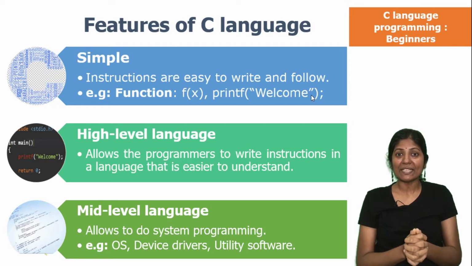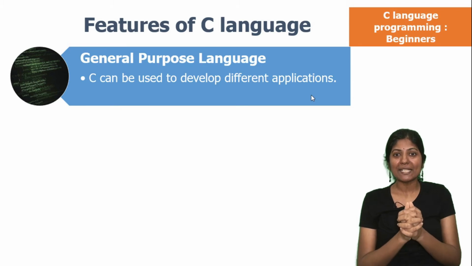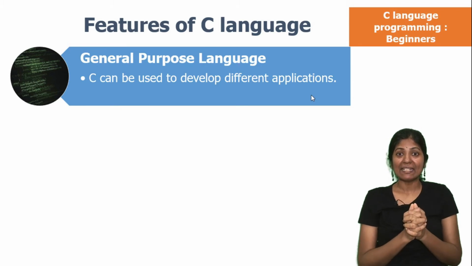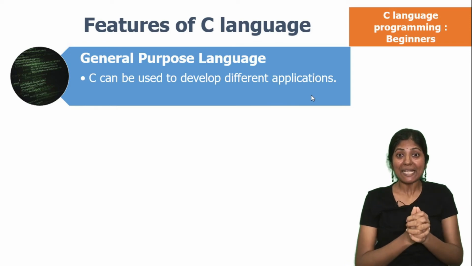Let's continue with the features of C programming. The next feature of C is that it is a general purpose language. Then, what is a general purpose language? It means we can develop any kind of software using that programming language.